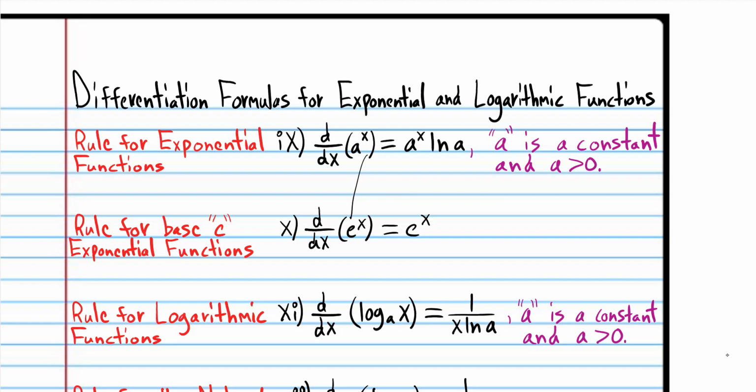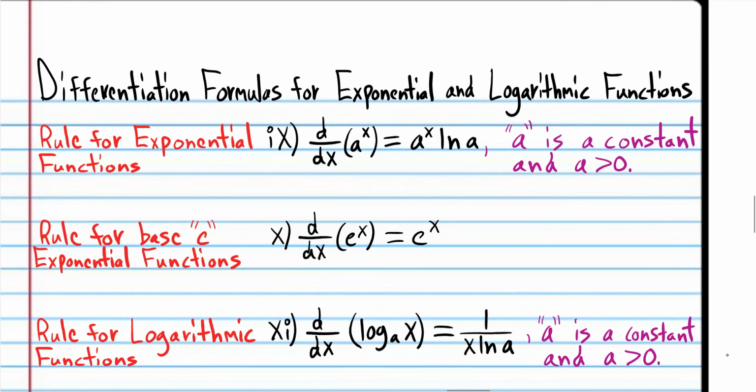We found that e was a very useful number. E is actually just a constant. And if you go to your calculator and you press the E button and press enter, it will say 2.718281828, and it'll just keep going on and on. It's an irrational number, but it is a constant.